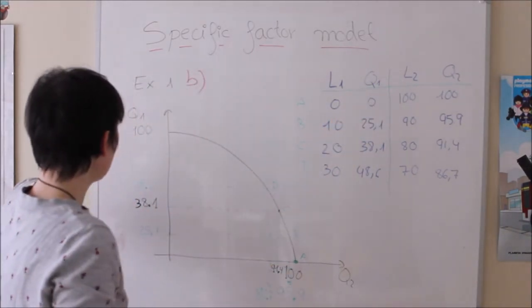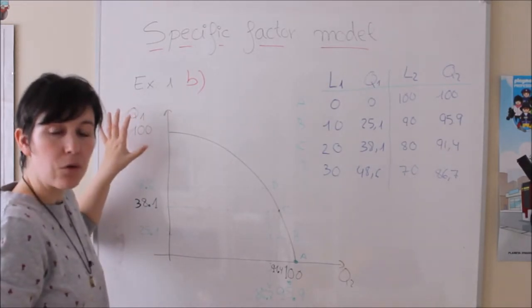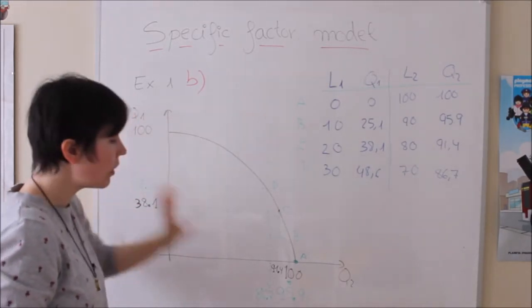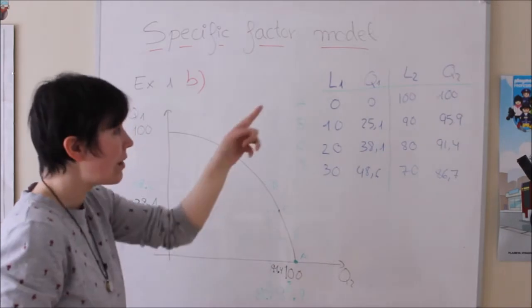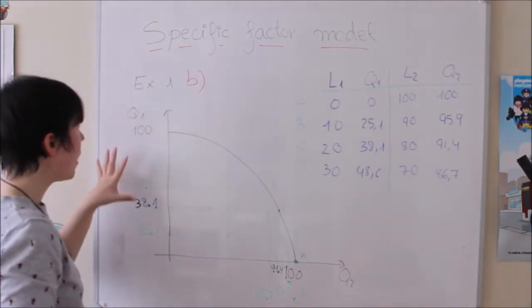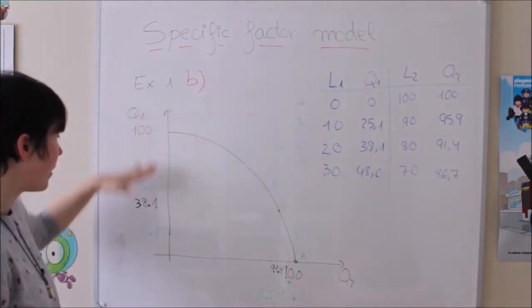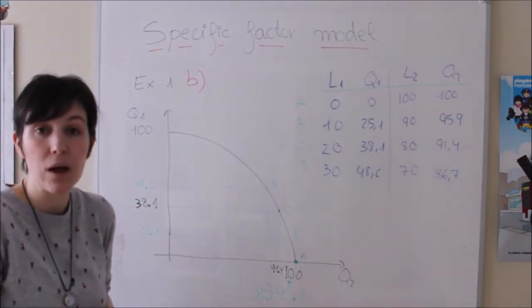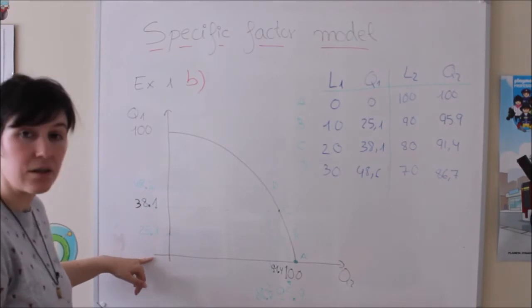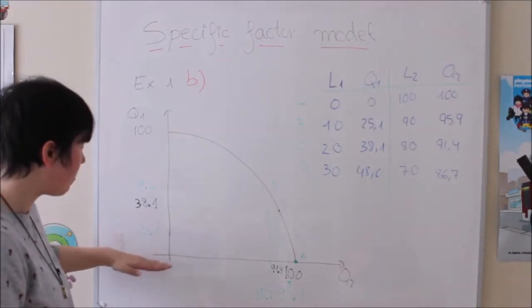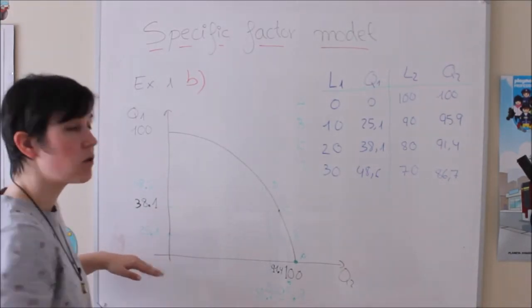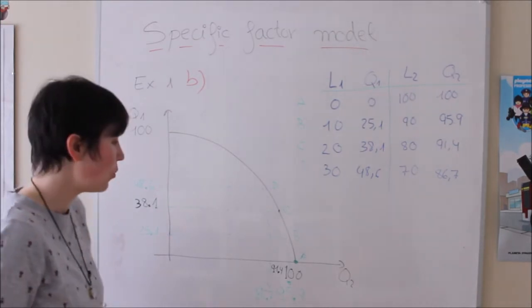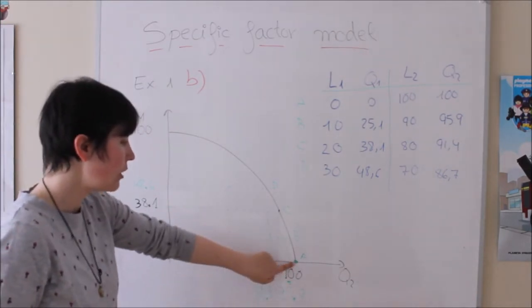Keep in mind that the vertical axis is the quantity of good 1, which is 0, so that means this value, while the horizontal axis is the output in industry 2, which is 100, so it's this point A.